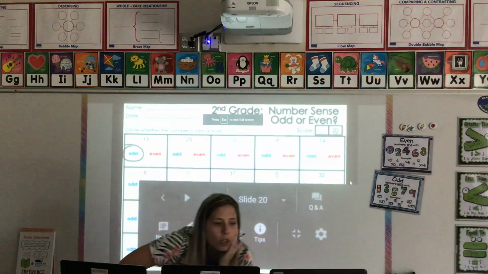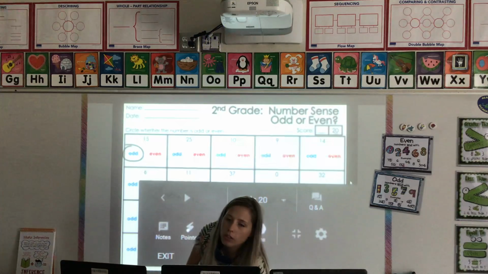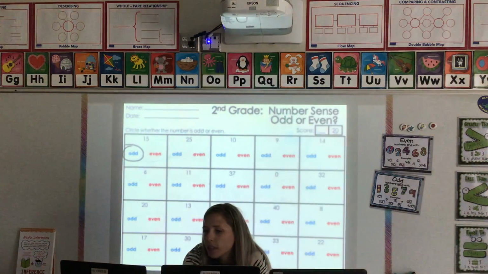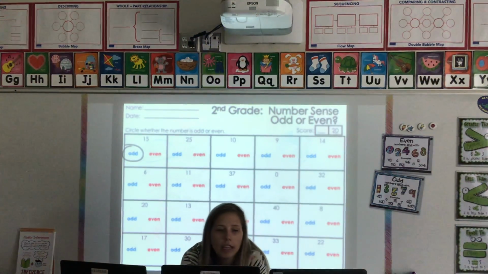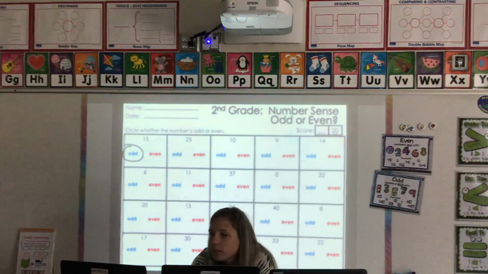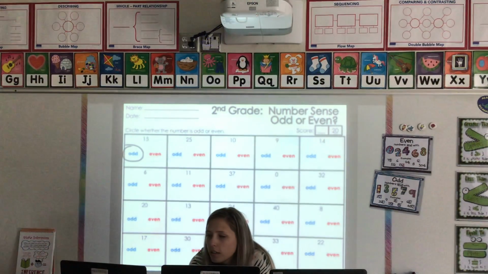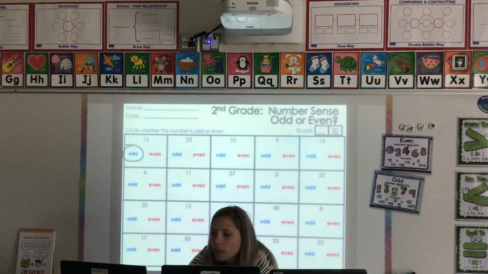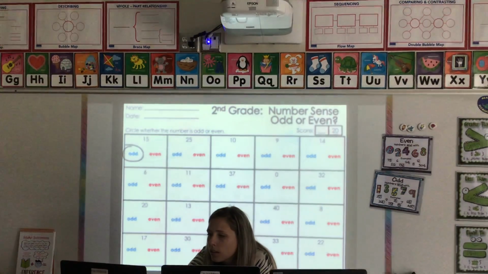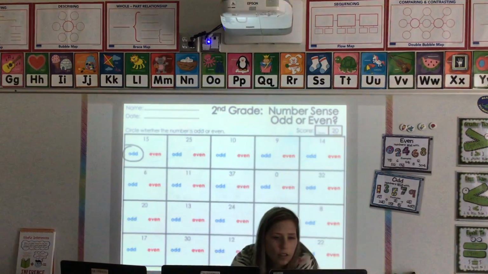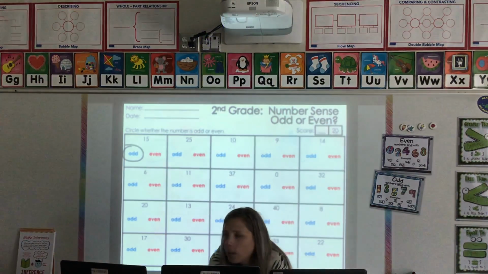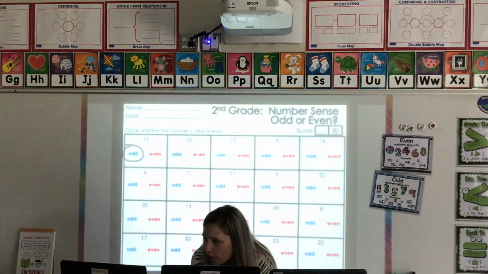Write any odd number on your whiteboard. Any number that you think is odd, write it on your whiteboard. I want to see if you know them. Any odd number, write it down. And then hold it up. Write your odd number and then hold it up.